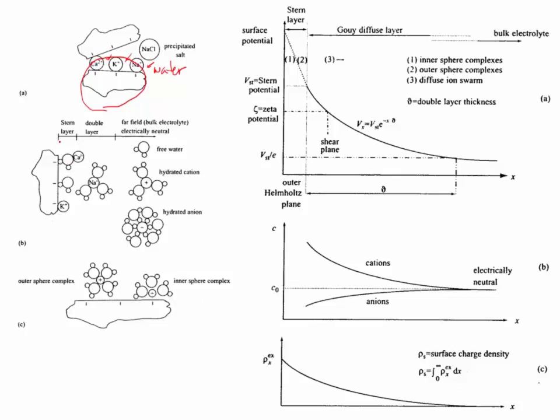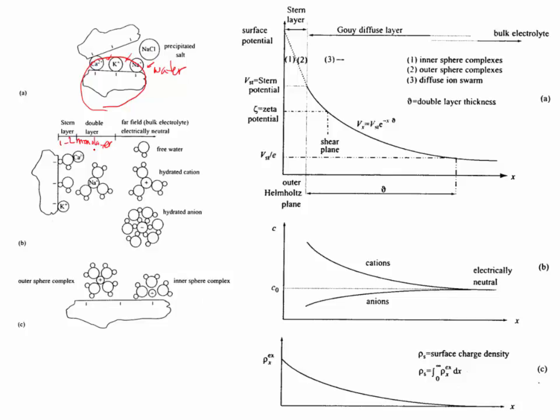So there are 1-2 monolayers that are very strongly held on the surfaces. And you have a double layer, where the ions can move a little bit. And there's a far field in the free water. Then there's just electrolyte, and the ions are moving freely.